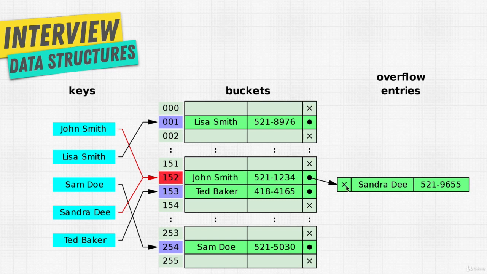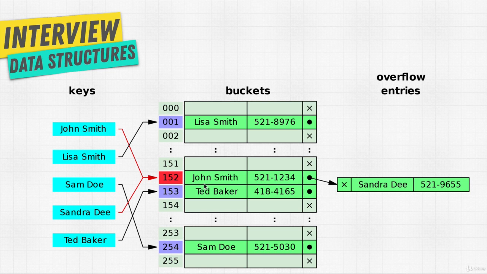And something funky is going on here with this little circle and then a point and Sandra D. And just a hint here, this is actually a new data structure that we're going to learn about called linked lists coming up. You see, with hash tables, we can't avoid these collisions. With enough data, with limited memory, we're always going to have this collision.